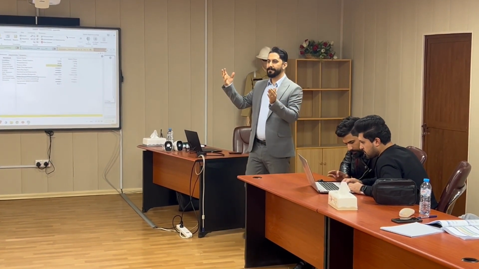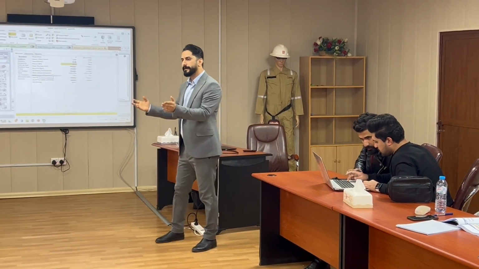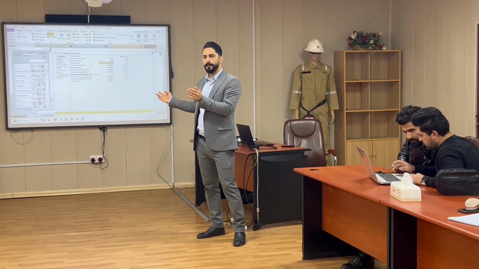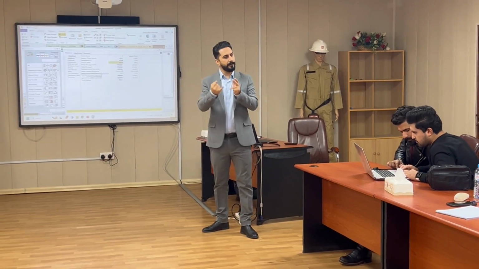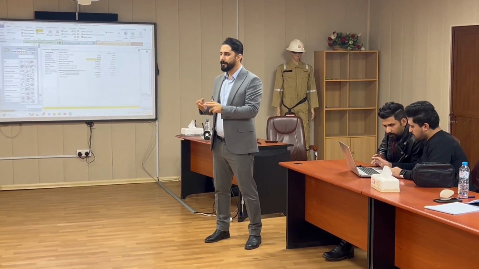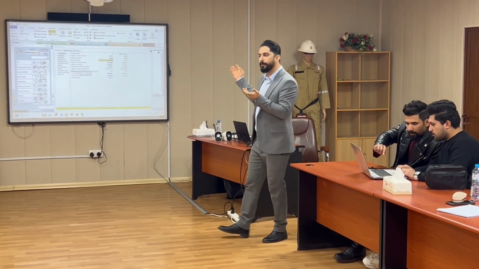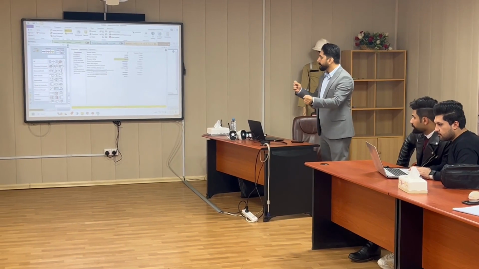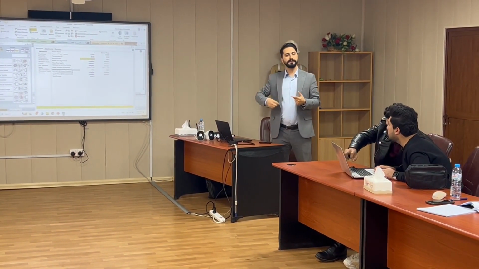So yesterday we talked about a lot of complicated formulation to calculate the enthalpy and entropy. But here, just by defining the composition and the pressure and the temperature, I'm able to see the enthalpy and entropy of the stream. Now, the last item that I should enter is the flow rate.